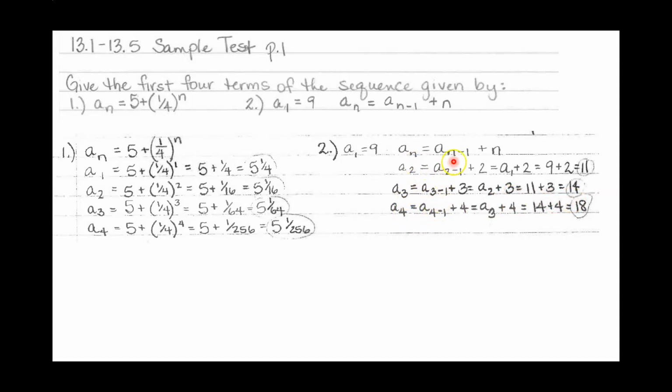So 4 minus 1 is 3, which gives me a sub 3 plus 4. A sub 3 just a second ago was 14, so 14 plus 4 would give me 18. So the first 4 terms in my sequence would be 9, 11, 14, and 18.